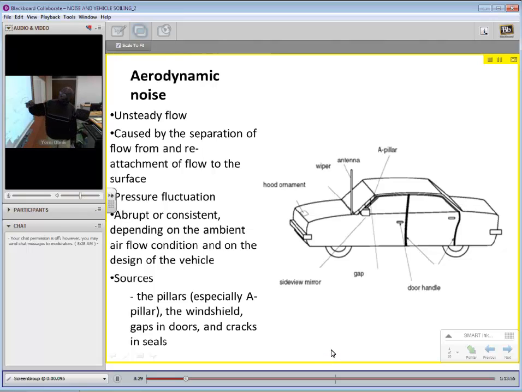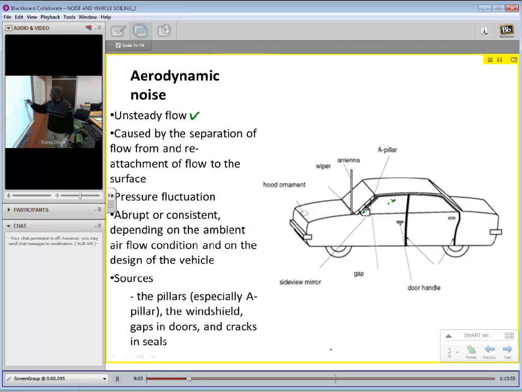So aerodynamic noise is a result of some kind of unsteady flow, and it's caused by a separation of the flow and the reattachment of flow to the surface. When we were treating drag, we looked at the flow from the leading edge to the trailing edge of the vehicle. So if you have flow separation here at the mirror and then it comes back and hits this place, it becomes essentially some kind of lateral noise.